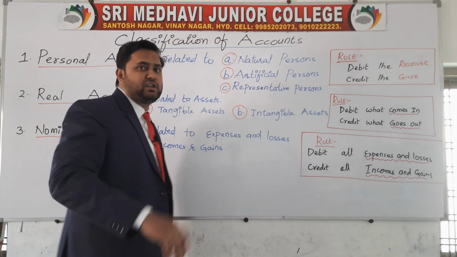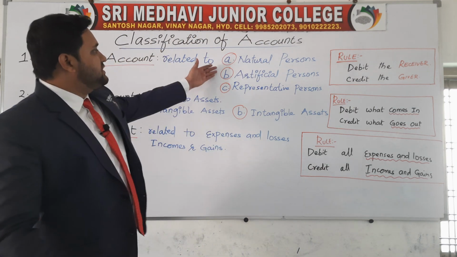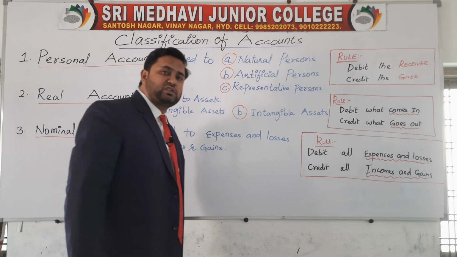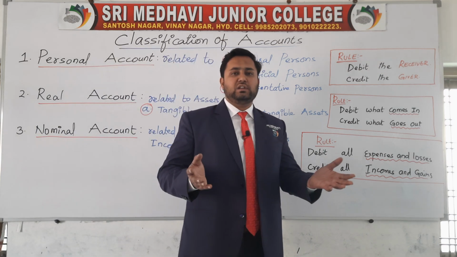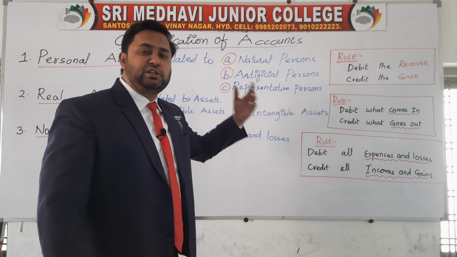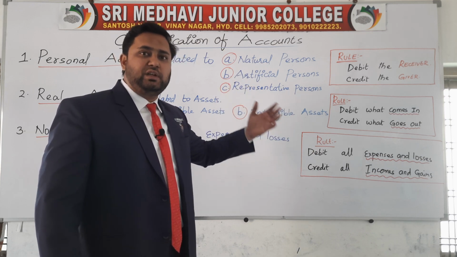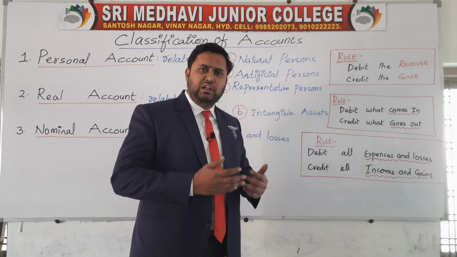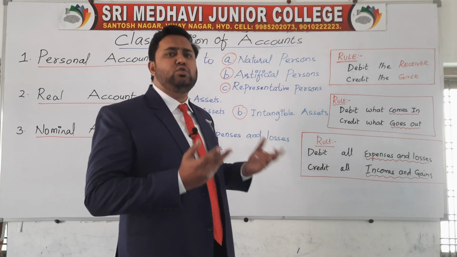So personal account is related to natural persons, artificial persons and representative persons. Natural persons like Ramesh, Suresh, Lakshmi, Rahim, Khadir, Shakil, Rauf, Salim, these are all natural persons, human beings.